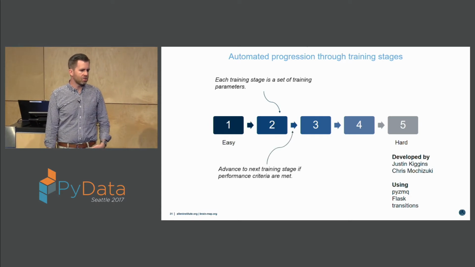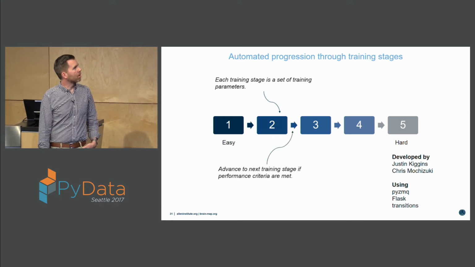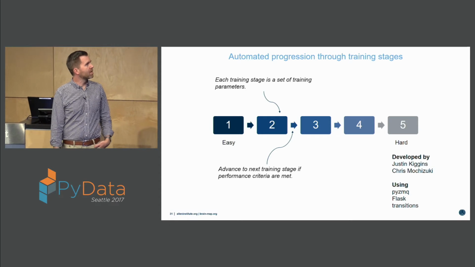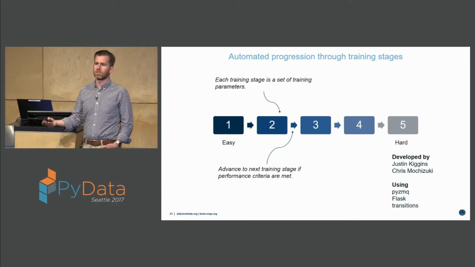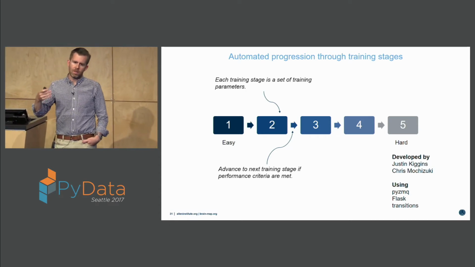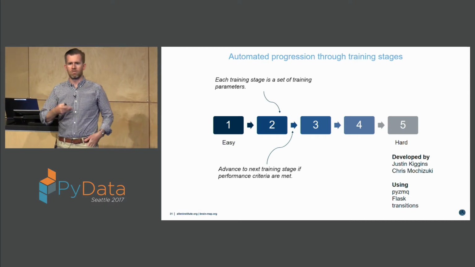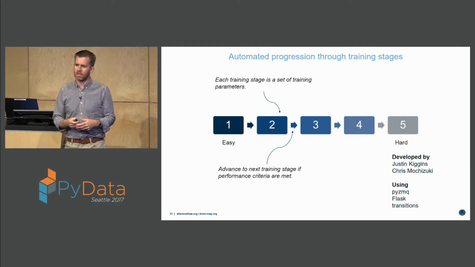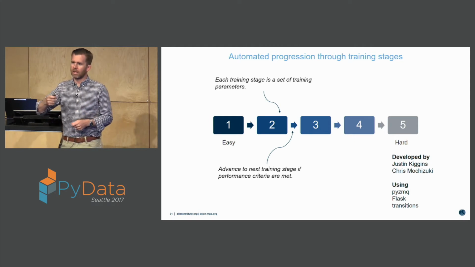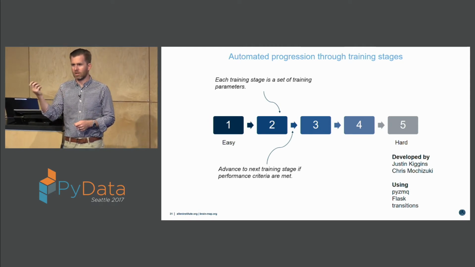Each transition can occur so that an animal can advance to the next training stage if some performance criteria is met. So every day we need to analyze their behavior. If they're doing well enough on the task, then they can get tripped on and go to the next stage in the task.